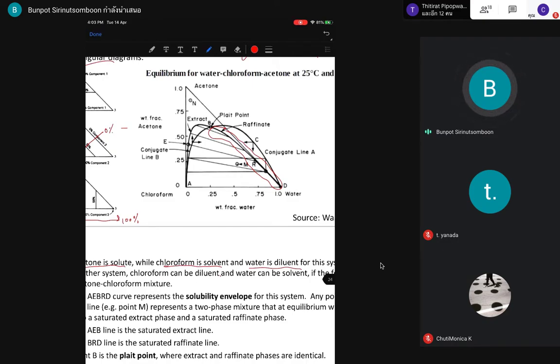It's divided by this called plait point. So the left side is gonna be extract, for the solvent chloroform, and the right side here is for the raffinate. It's gonna be for the water side.